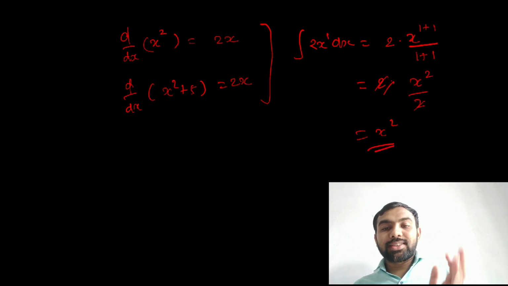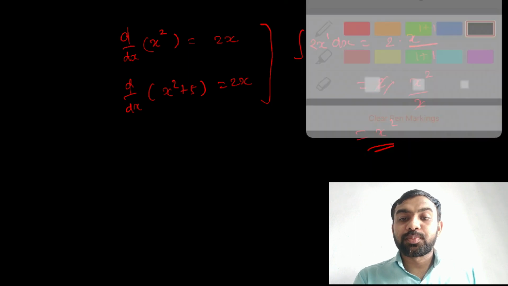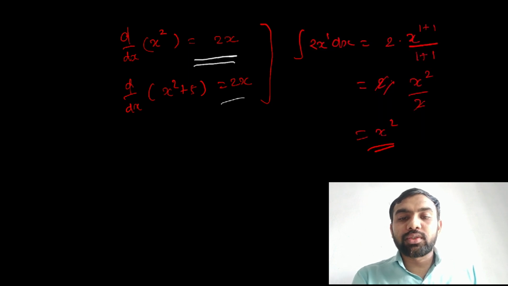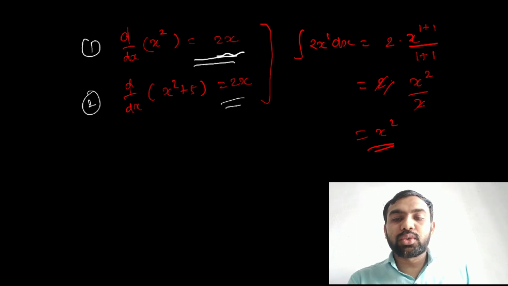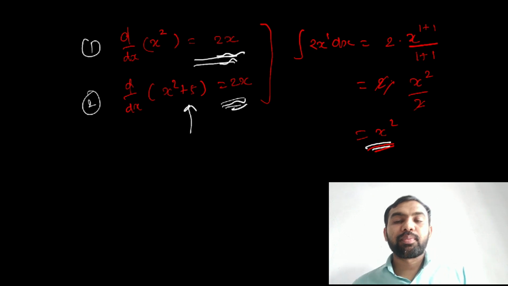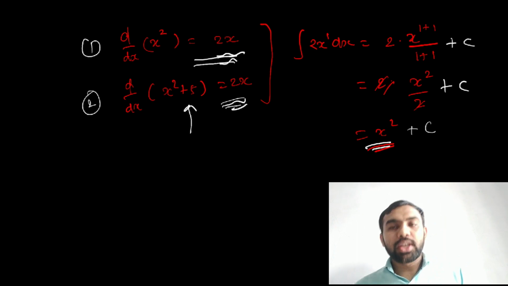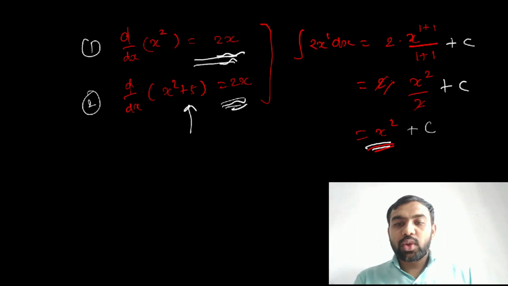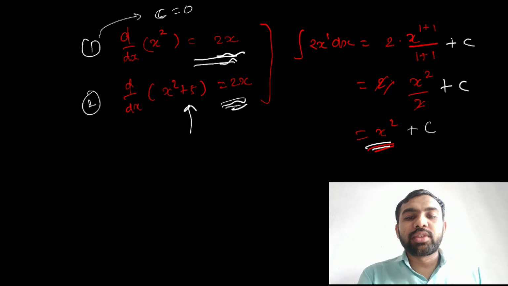So for both of these situations, the first and the second, you get the answer 2x. When you integrate this, you get the answer x square. What about 5? So here we put plus c everywhere, plus a constant. In the first example, c is equal to 0.